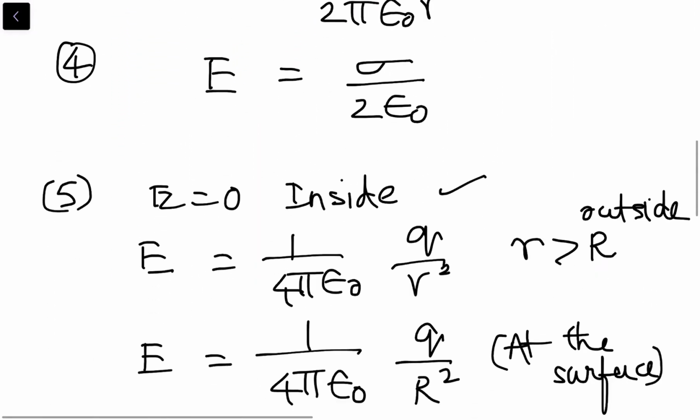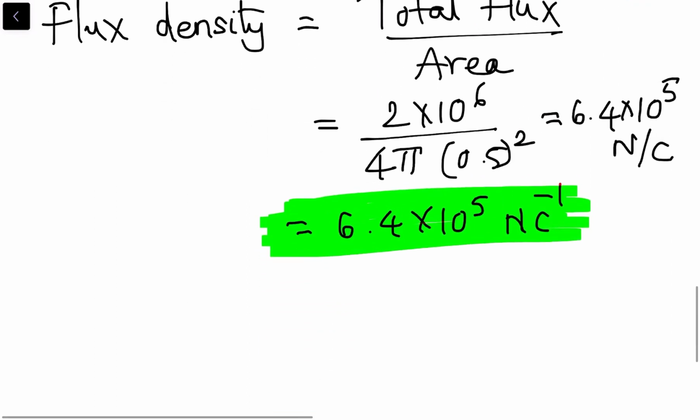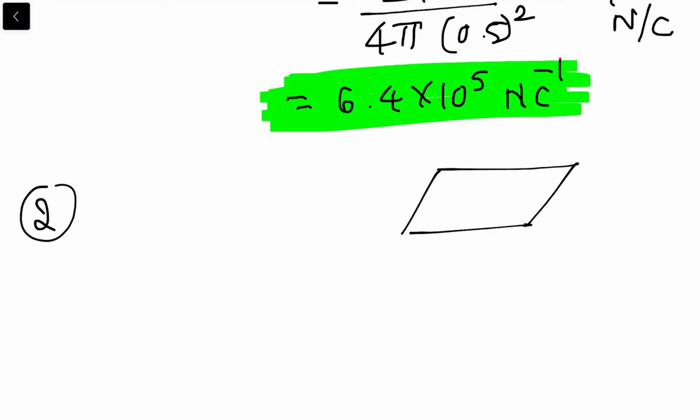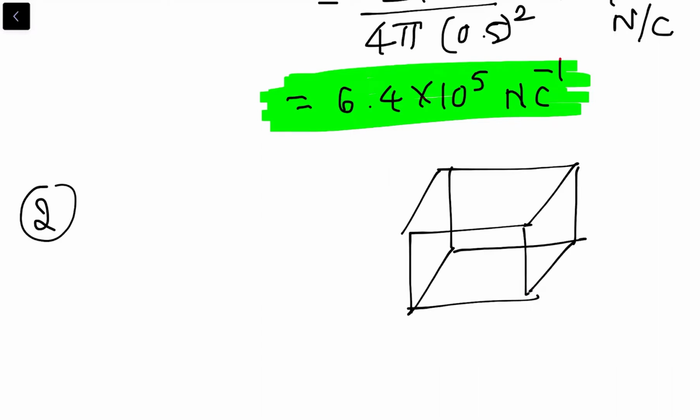So the question is, there is a cube. In that cube, a charge is kept at the center. Like this, there is a cube, and I'm not drawing it completely neatly. Now there is a charge kept somewhere inside this cube.